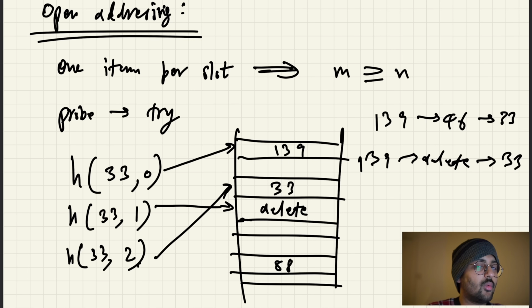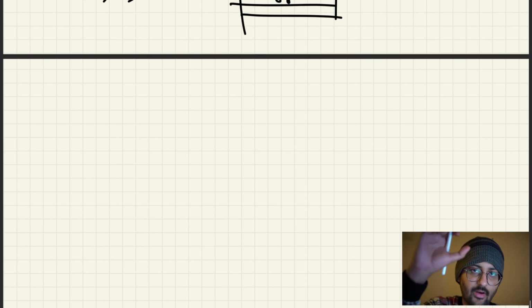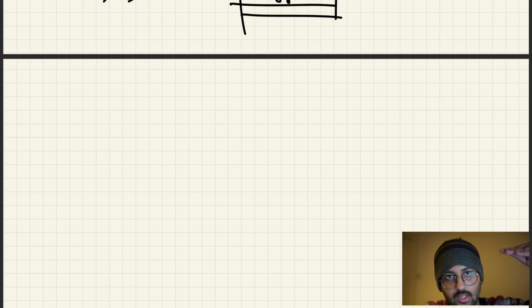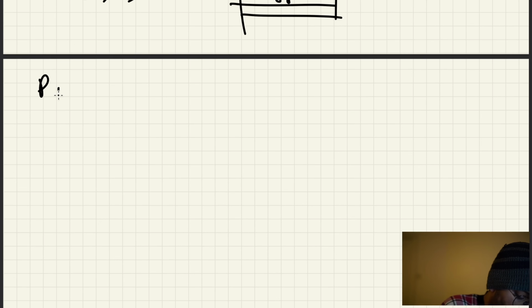So what are some of the probing strategies? Let's say we found an index but it doesn't work, so it will look for another index. How will it look for another index? Probing strategies.